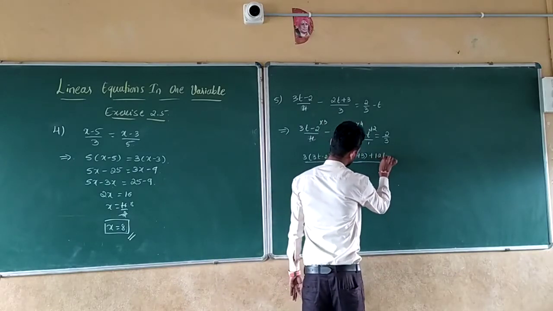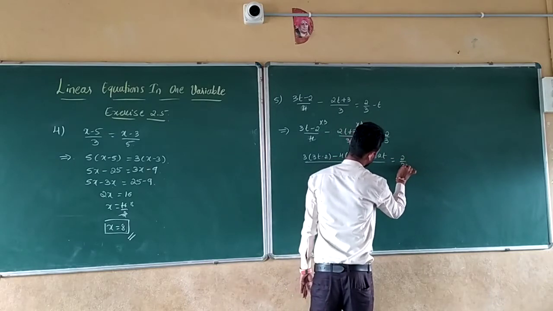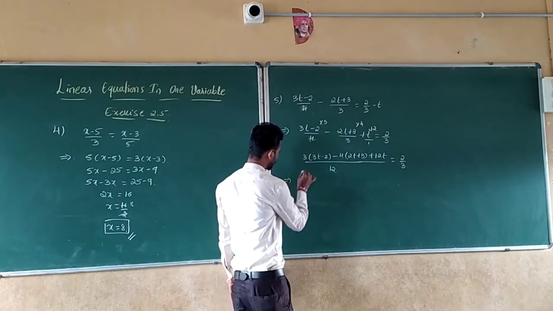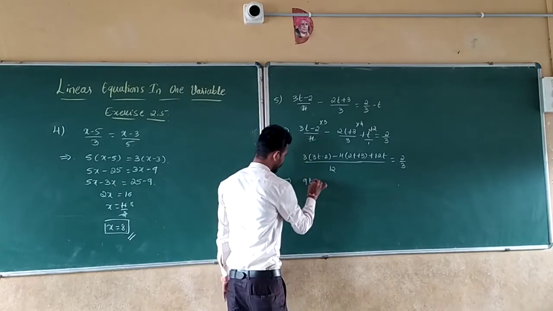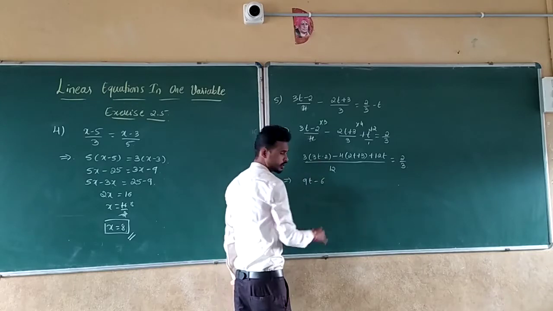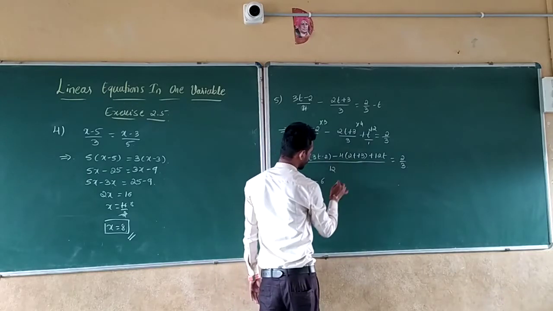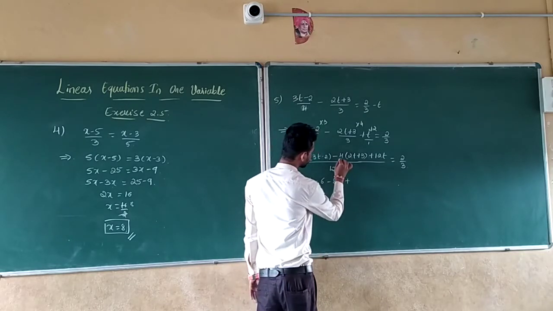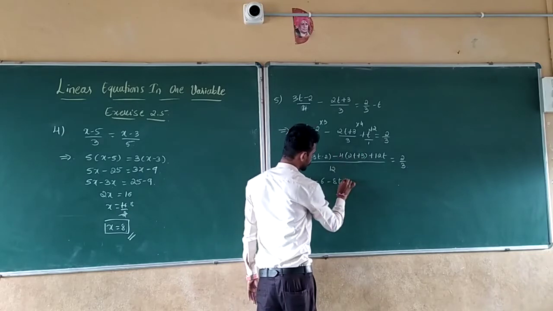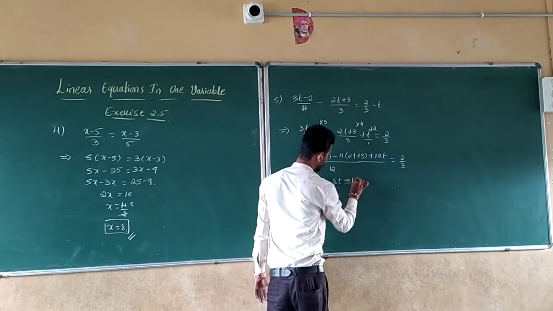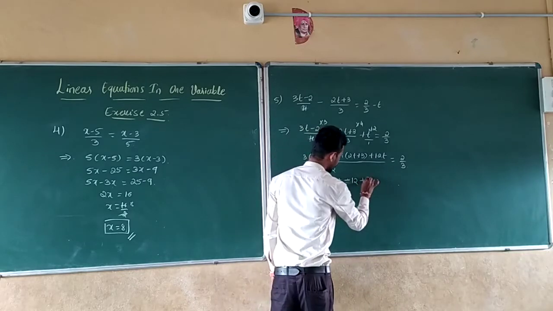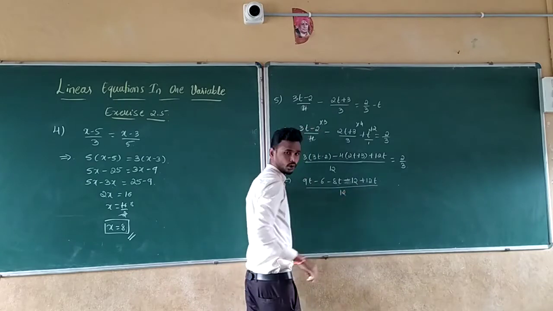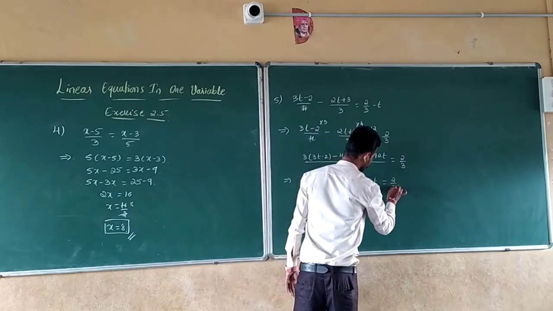Plus 12t, which is equals to 2 by 3. Now multiply 3 into 3t, 9t, minus 3 2s are 6, minus 4 into 2t, minus 8t, plus, minus into minus, plus, 4 3s are 12, plus 12t divided by 12, which is equals to 2 by 3.